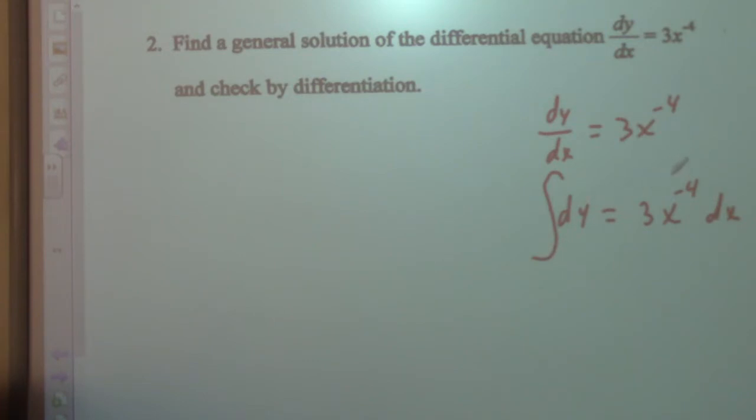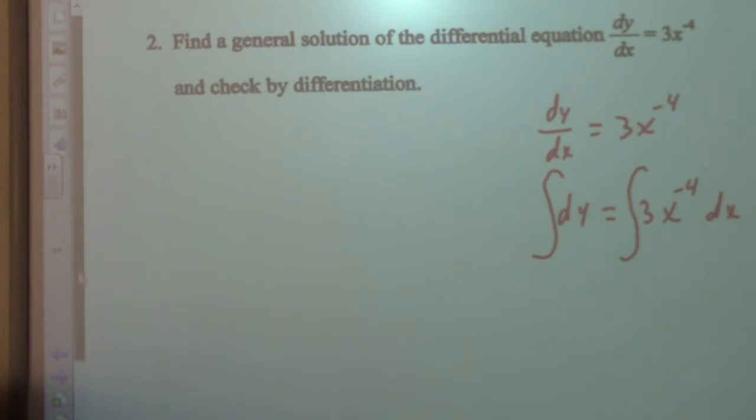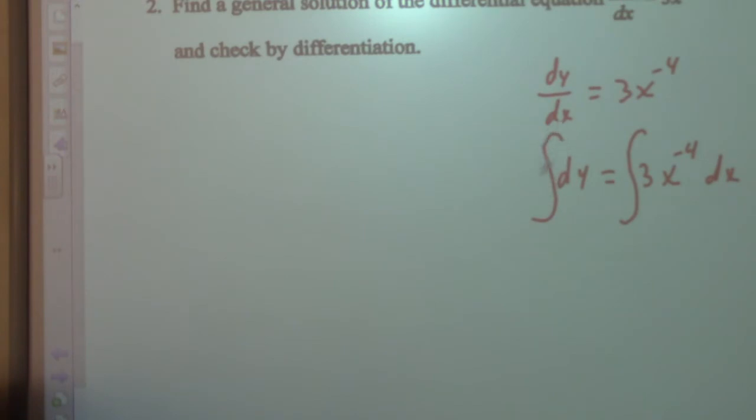Now, what we can do is put it like this. We're going to take the antiderivative. This integral symbol means the antiderivative. On the left, the integral of dy is simply y.